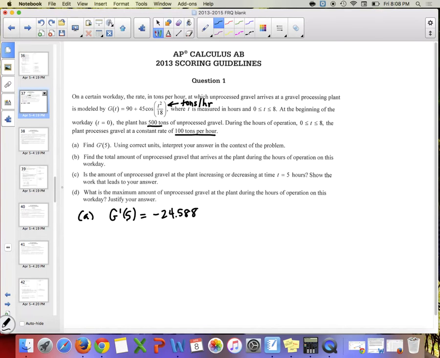It says, using correct units, interpret your answer in the context of the problem. This is a little tricky because g of t was already a rate. It was in tons per hour.